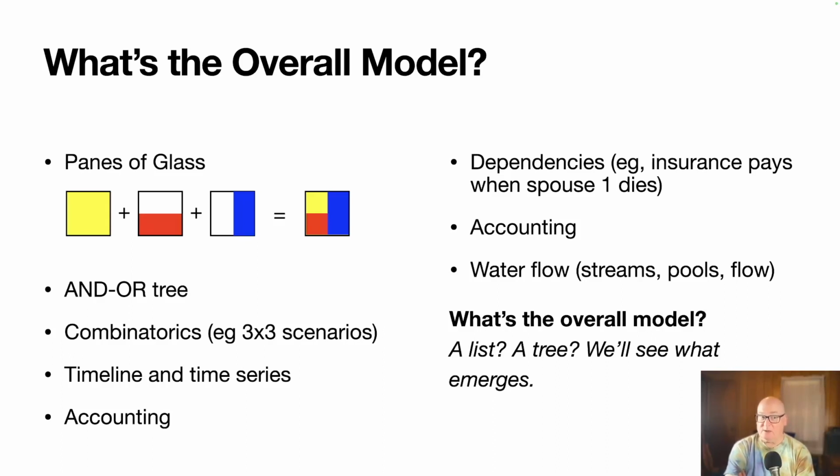I think the and-or tree idea builds in that notion of combinatorics. It builds in the notion of layering scenarios from root to leaf, or look at it backwards from leaf to root, but you have the panes of glass idea in there. So I think that may be a good structure, but I don't know.